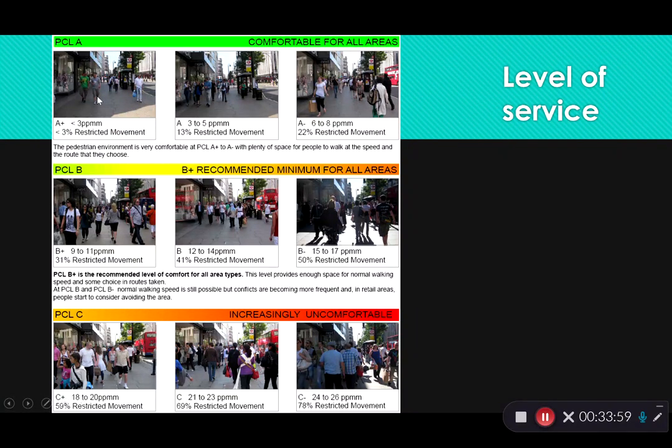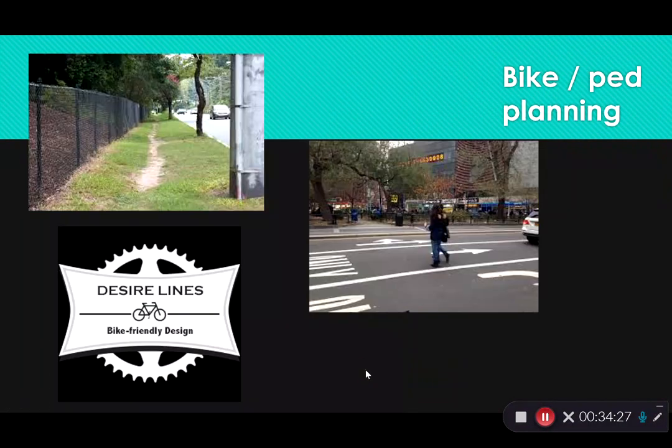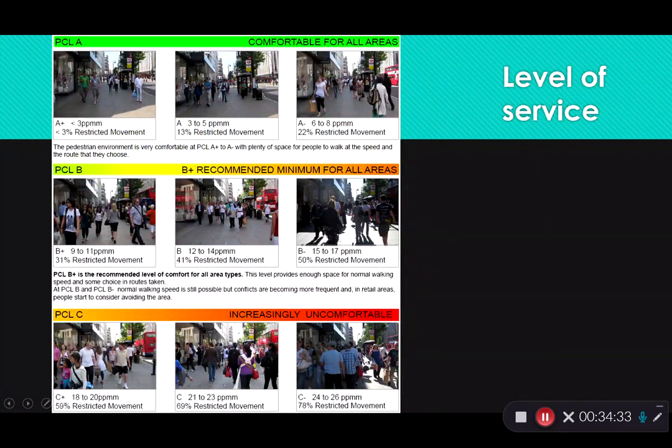From your highest level of service, where you have nice wide sidewalks, you don't have overcrowding, people have freedom to move around, you can keep your social distancing in place that we're all doing right now in terms of 6 feet apart, because the facilities allow for that, down to where you're getting into a much more congested, much less comfortable environment where people are crowded, where you actually have congestion on the sidewalks that makes movement less safe, less accessible, less easy to move around.